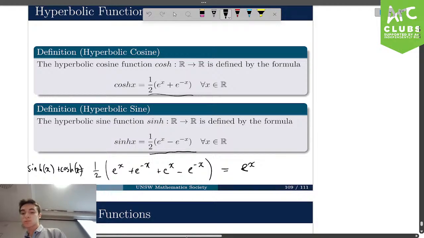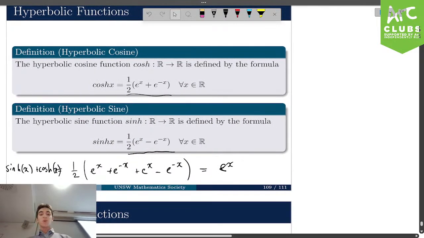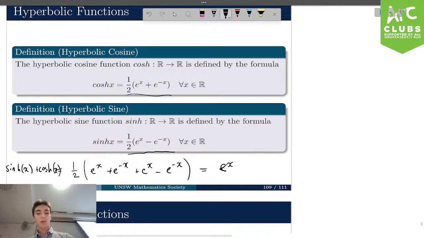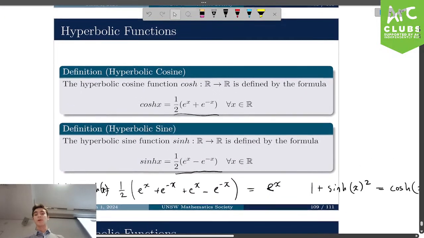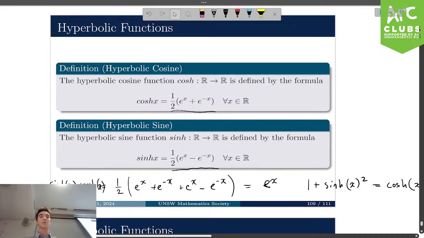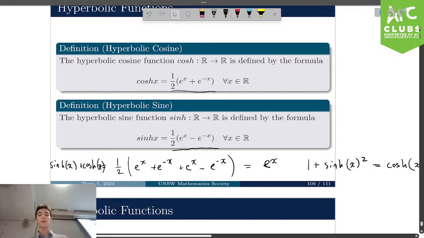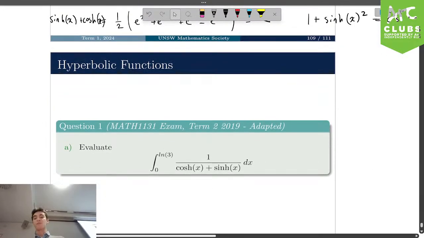And we saw from earlier as well that 1 plus hyperbolic sine squared is equal to the square of hyperbolic cosine, just like with regular trig. That's why they're called the hyperbolic trigonometric functions, because they share some of the properties of the regular ones. And let's do a question involving them.